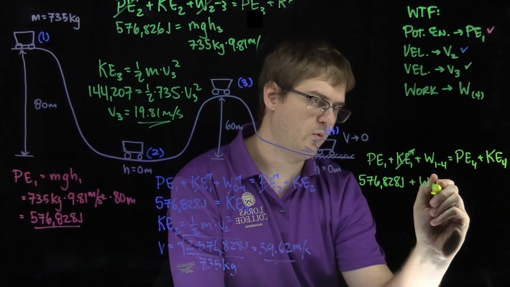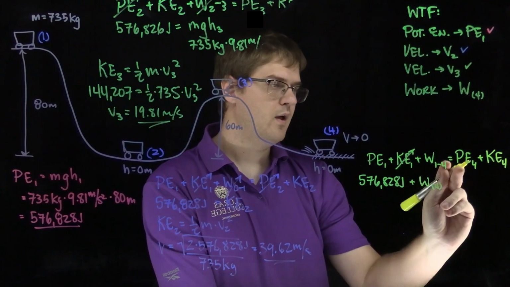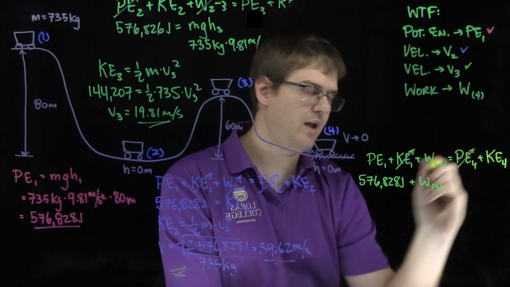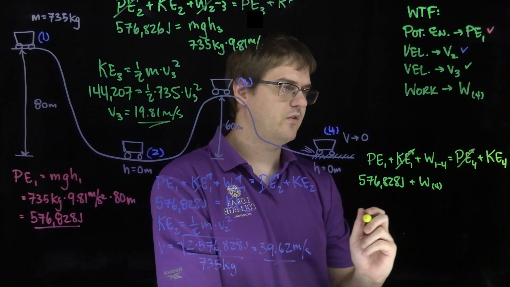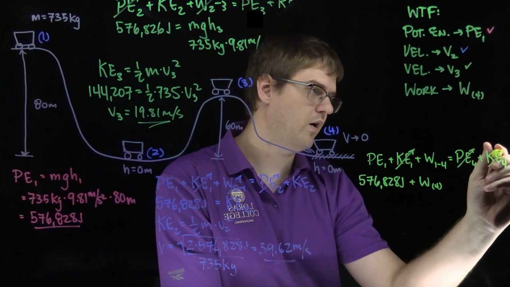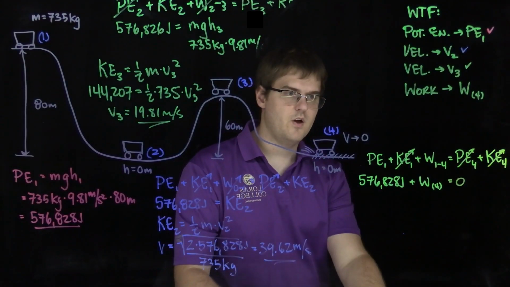So I called that work 4 in parentheses before. We'll keep with the same naming convention. Potential energy at 4, I'm at height of 0. mgh, if h is 0, it's going to come out to 0. Kinetic energy at 4, I've got a velocity of 0, 1/2 mv squared. If velocity is 0, that's going to be 0. There we go.